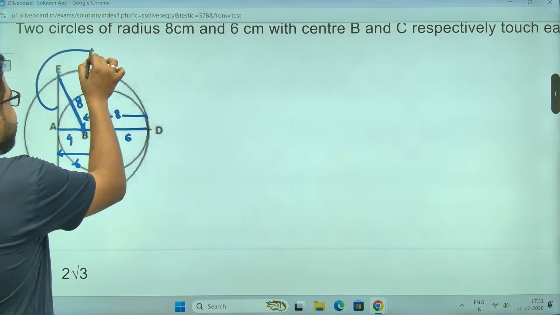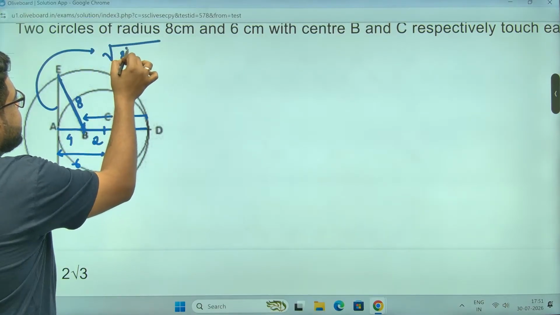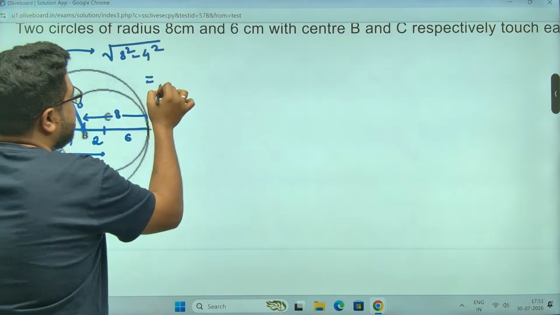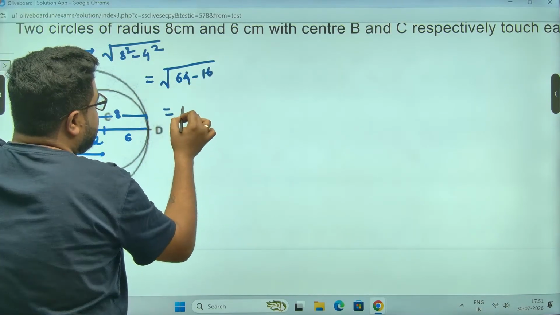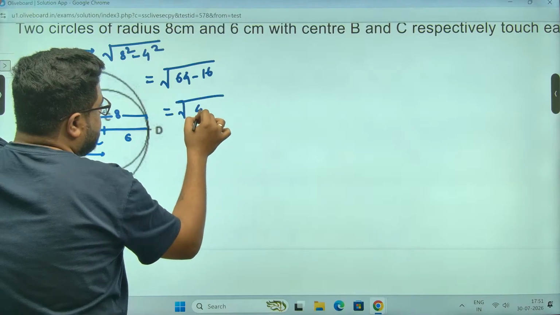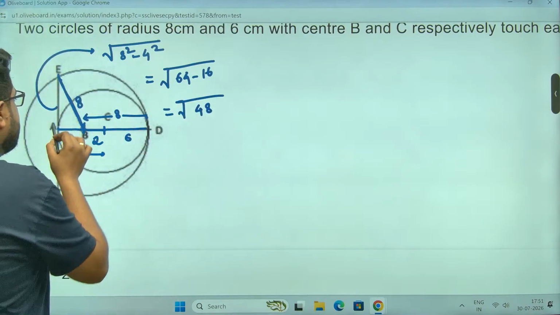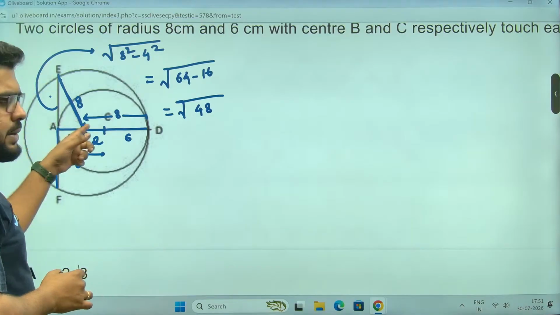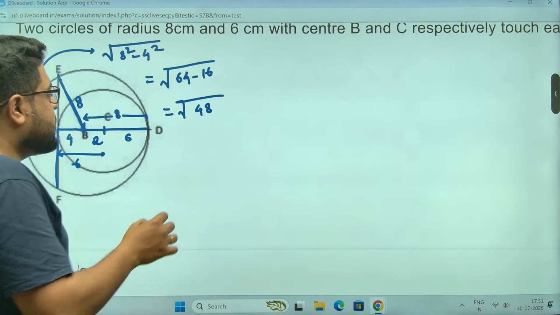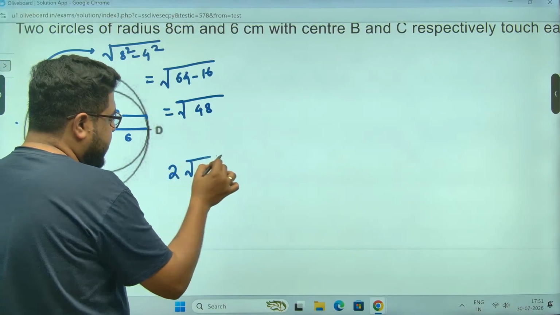So this part will be root over of 8 square minus 4 square. 64 minus 16, root 48. If this is root 48, this part will also be root 48 because these two are equal. It's a chord for the bigger circle. So my answer will be 2 root 48.